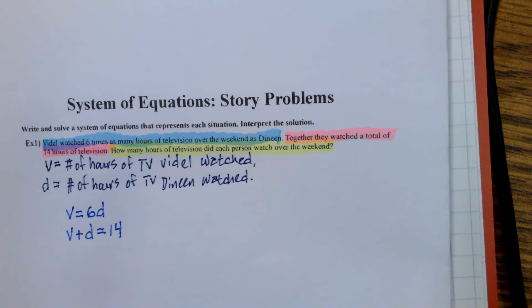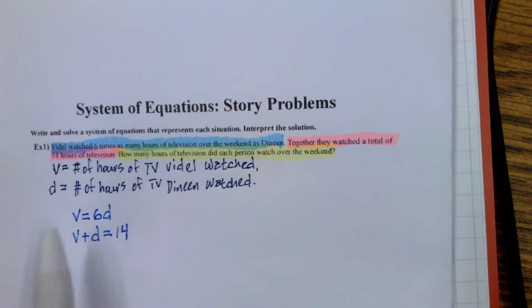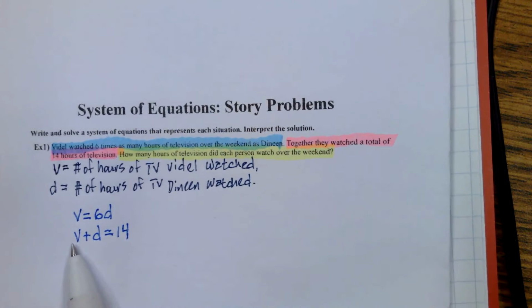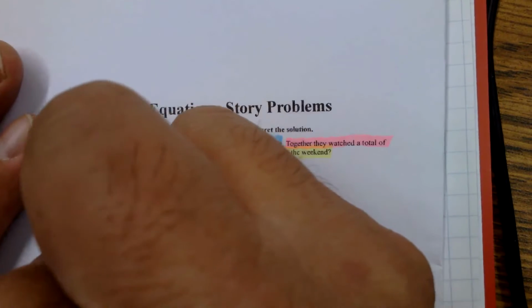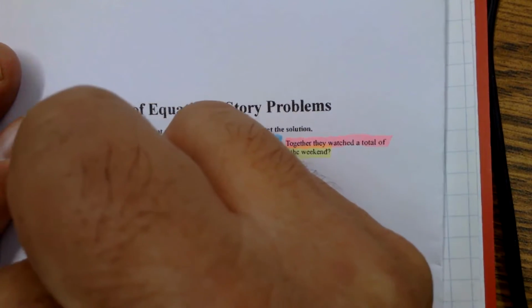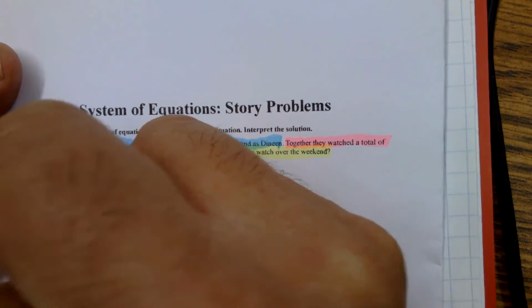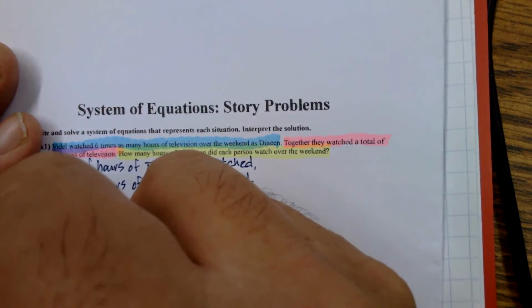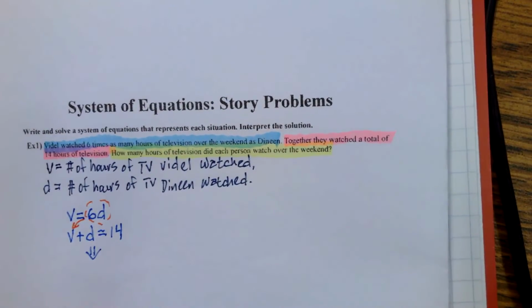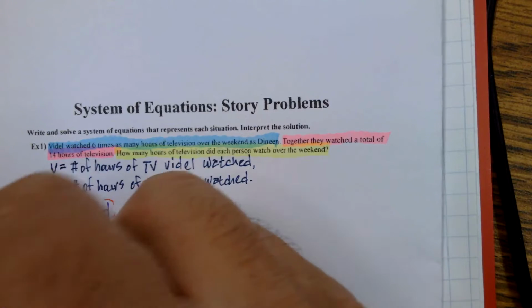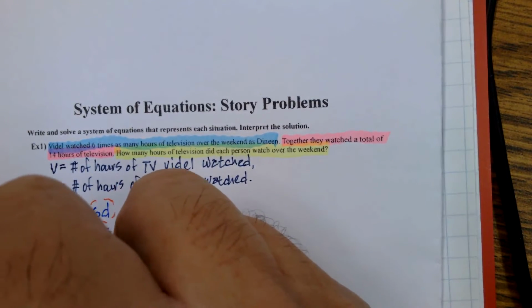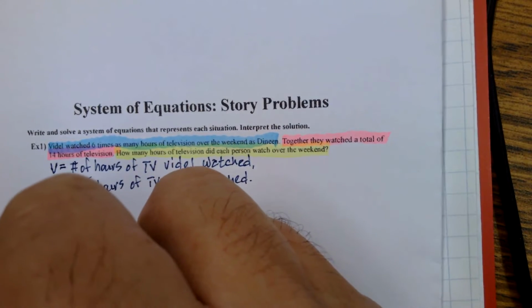Okay. Let's use substitution. I want to use substitution because I have that first equation that says V equals 6D. We're going to substitute this in here. So let's solve it. I'm going to take this and rewrite that as, instead of V, it's 6D plus D equals 14.